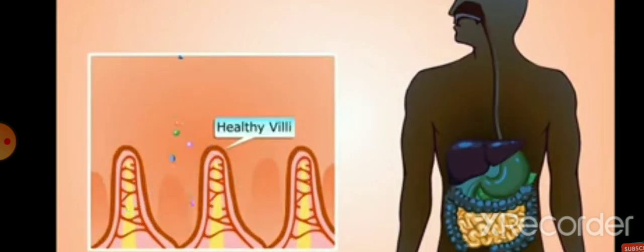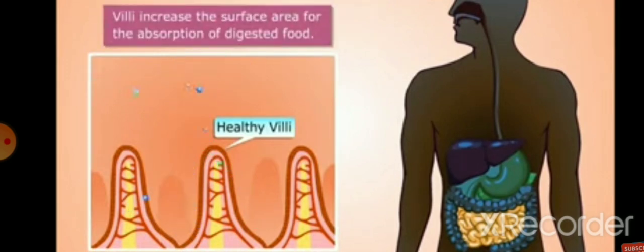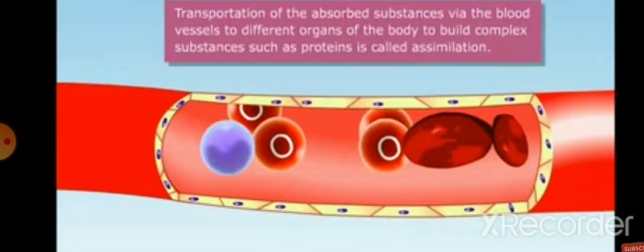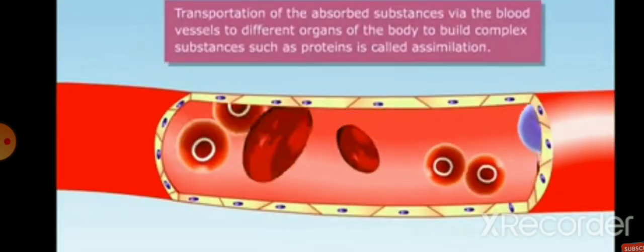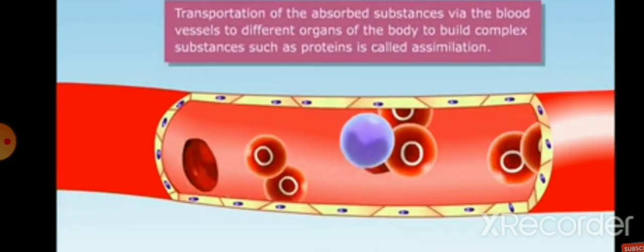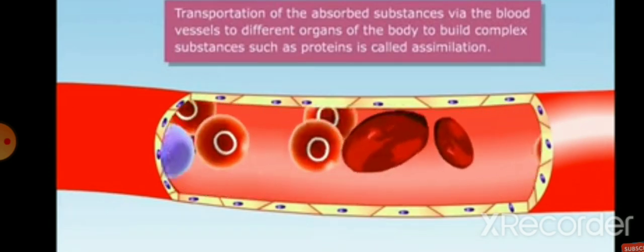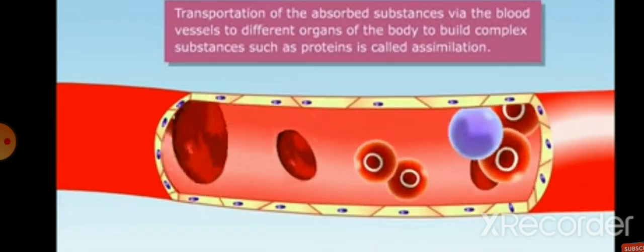Next we see villi. They look like this and they increase the surface area for the absorption of the digested food. It is transported through the blood vessels to the different organs of the body and this is called assimilation.